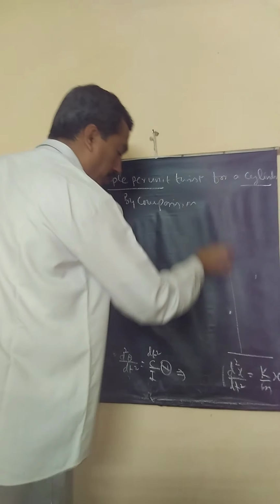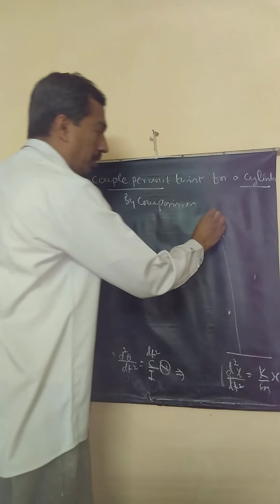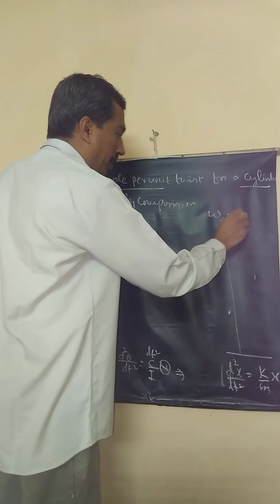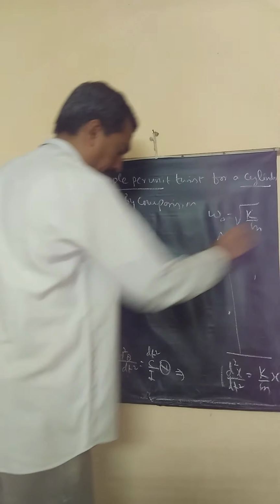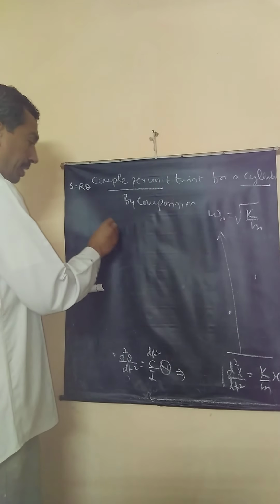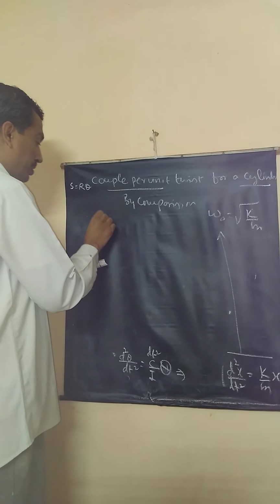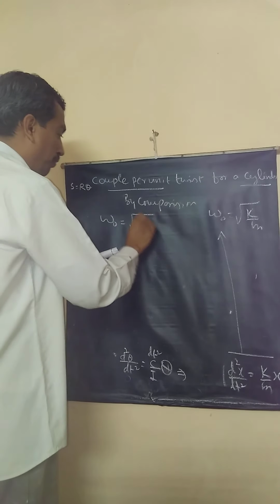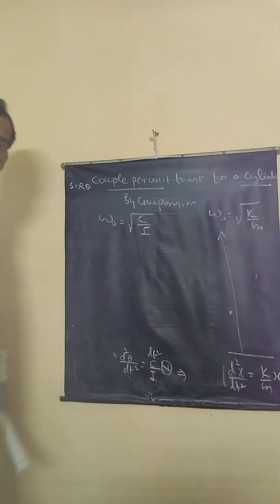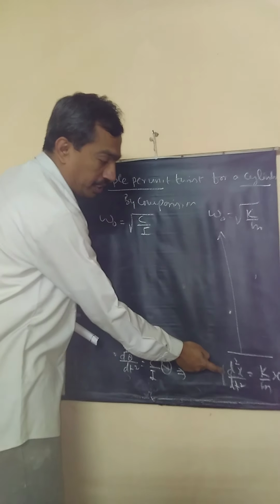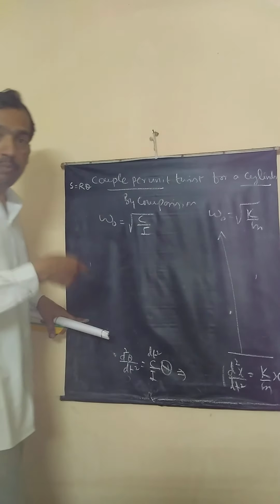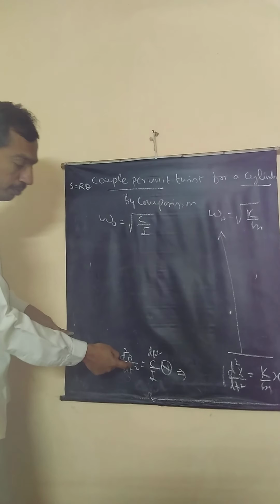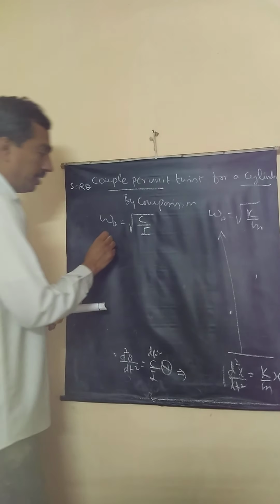In this case, what is the angular resonant frequency? Omega naught is root of k by m. So here also we can write resonant frequency omega naught is equal to root of c by I. In this case, resonant frequency can be proved to be this. So from this, by similarity, I am writing this.